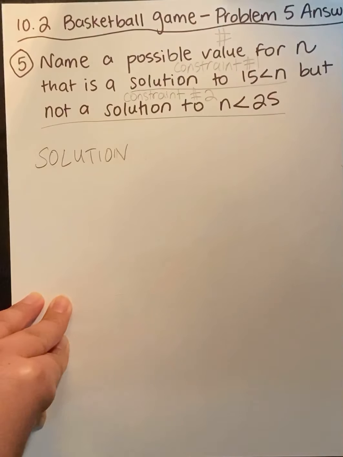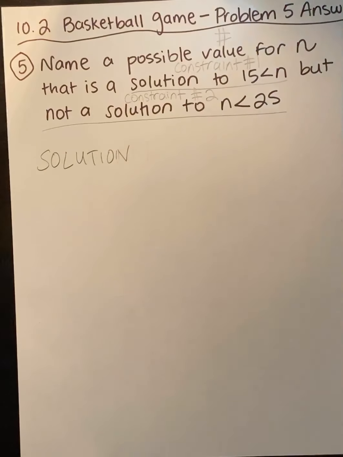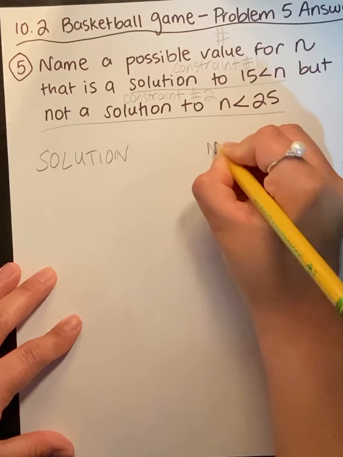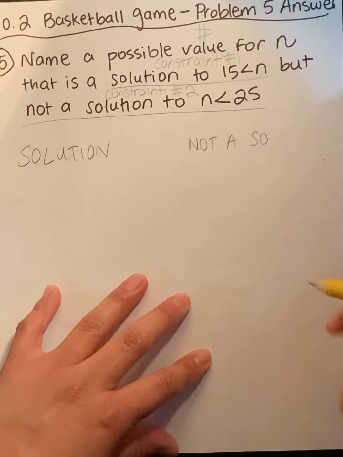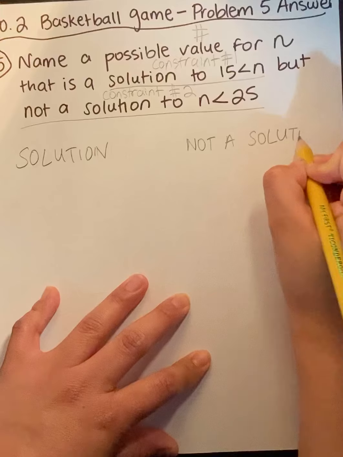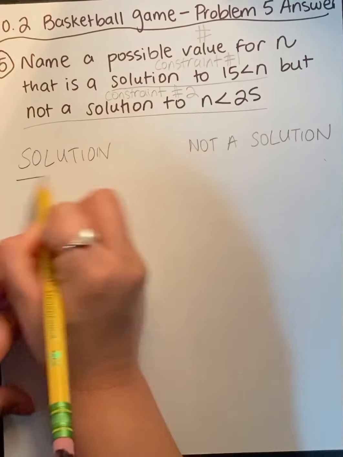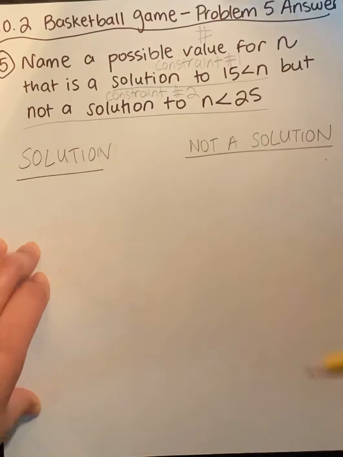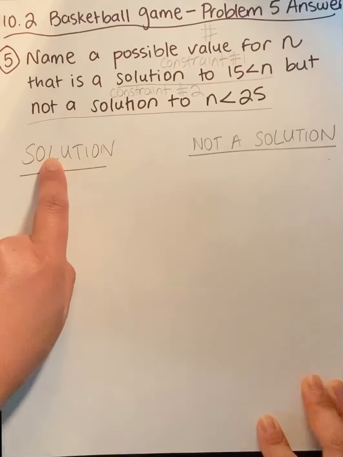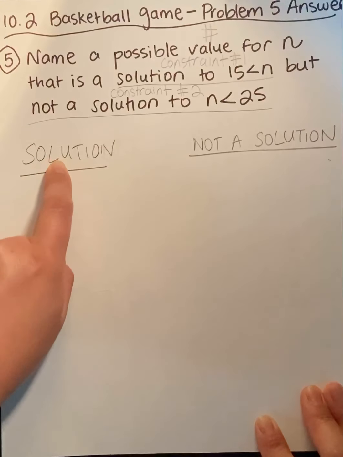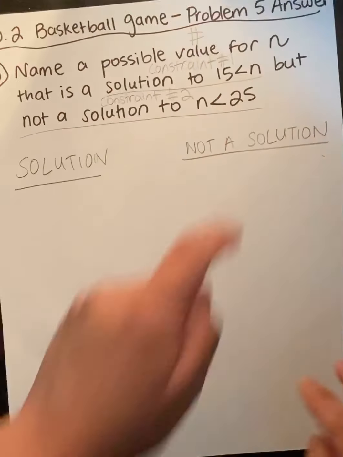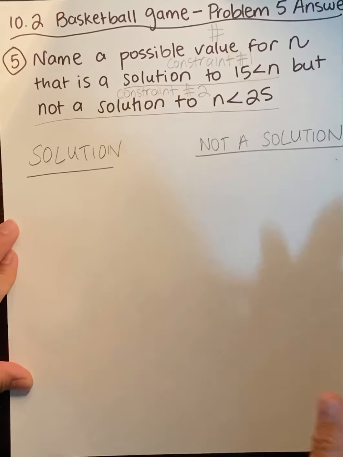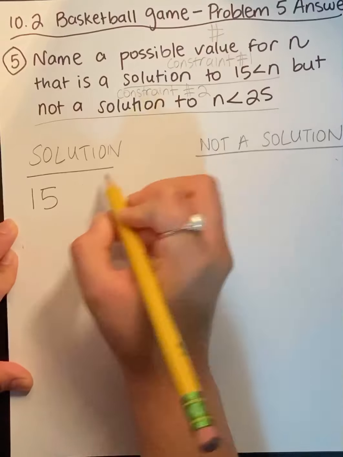And on the right, I'm going to write not a solution. So I need a value for n that is a solution to 15 is less than n. I am going to go ahead and write that.